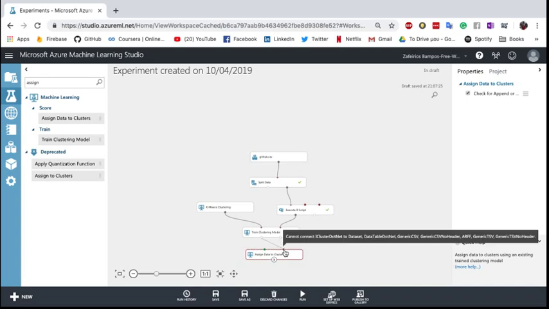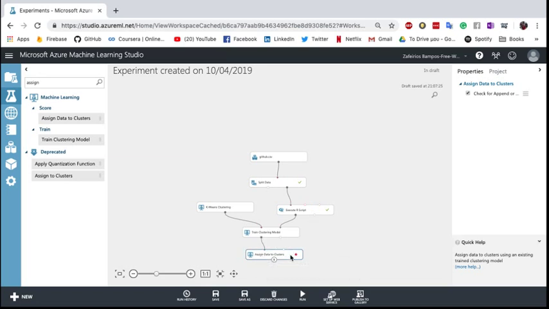It doesn't let me connect it with any other point except the right one. So what we have here, the clusters that we just trained and the data points. So if we run it, you will see all the clusters that we created with Azure Machine Learning Studio.